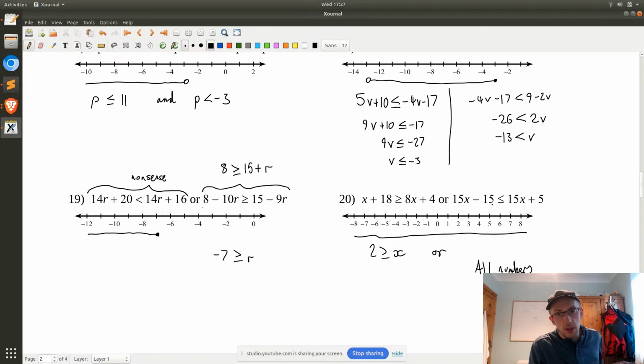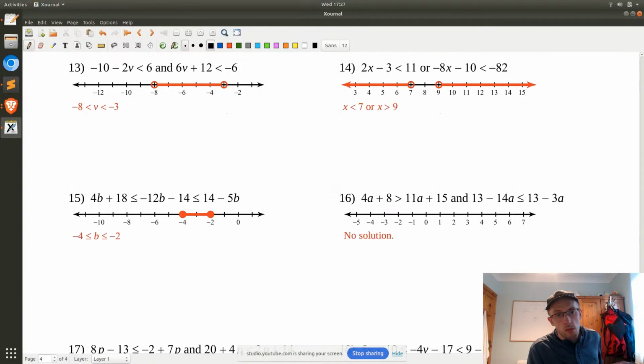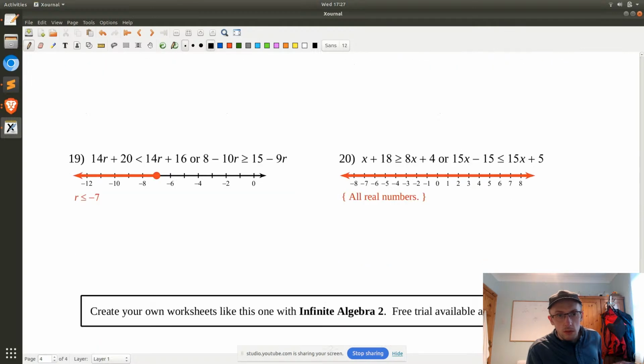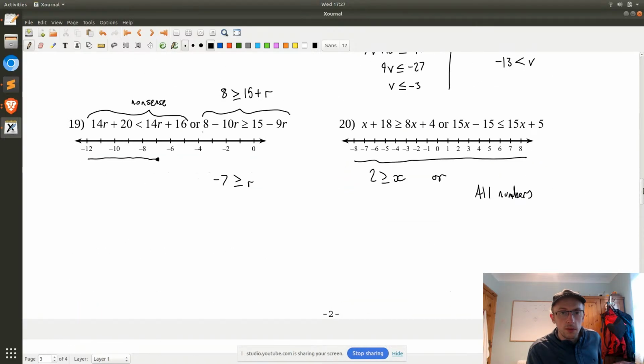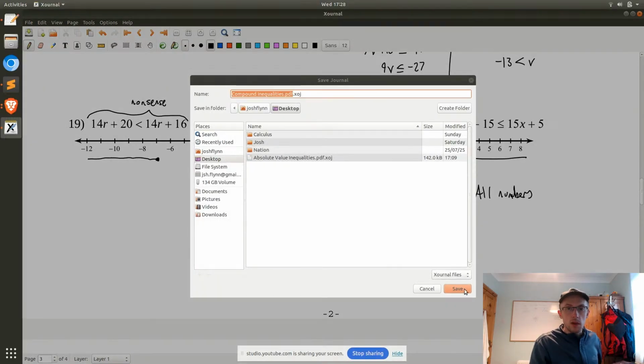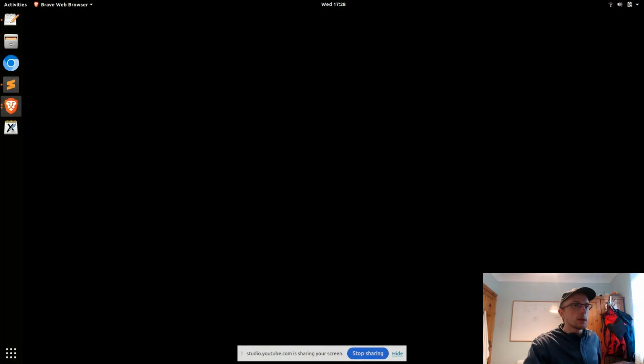It doesn't matter what number you stick in there, that's always going to be true, isn't it? Yes, okay. R is less than or equal to -7. All real numbers. Okay. Complete. All right.